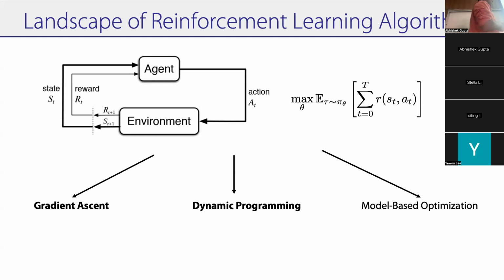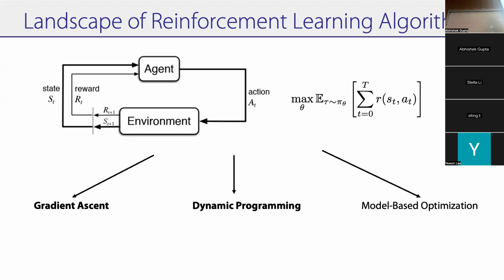The third type of thing which we're going to talk about today is a method I'd call model-based optimization. It's not only useful for RL, it's a general class of methods for when you have some non-differentiable model that you cannot take gradients through. You often use a model-based optimization method, which means you learn a differentiable surrogate for that problem and then use that for optimization.